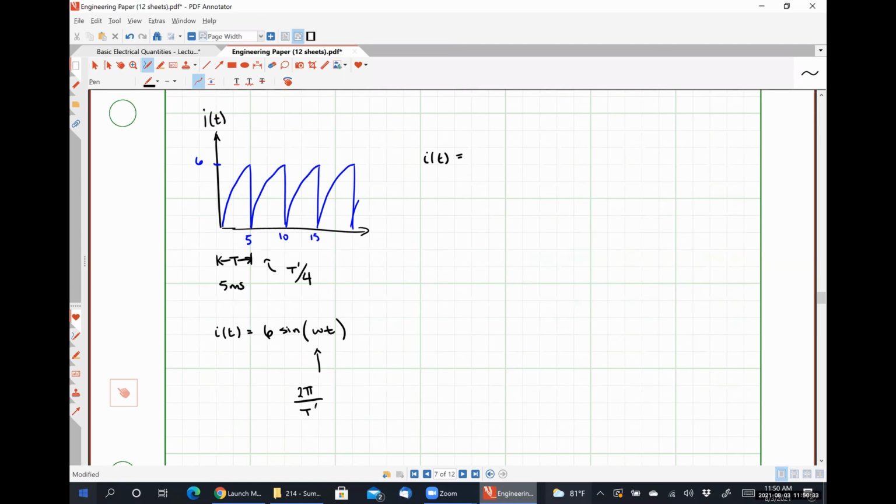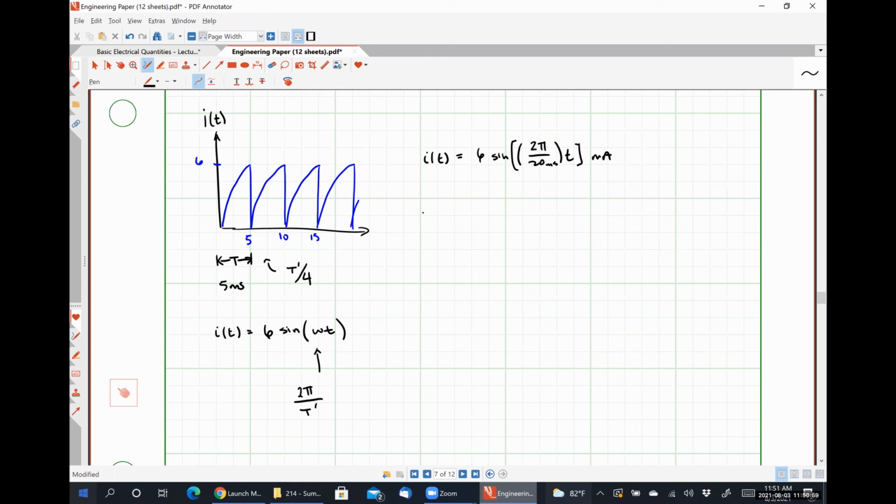Does that make sense? Mm-hmm. And then from there, we'd have 6 sine of, so let's see, omega is going to be 2 pi over 20 milliseconds times t. There's no phase angle or anything like that to worry about, milliamps.